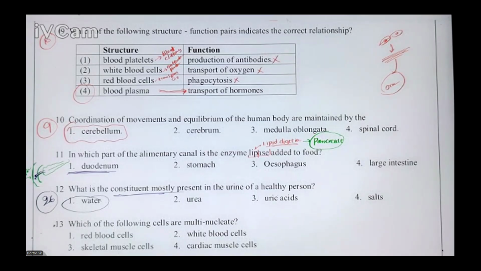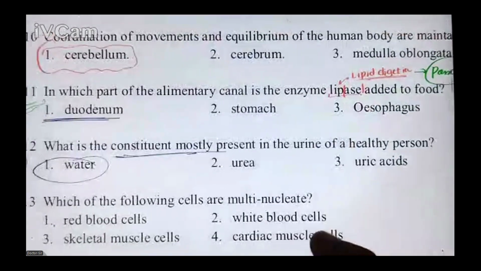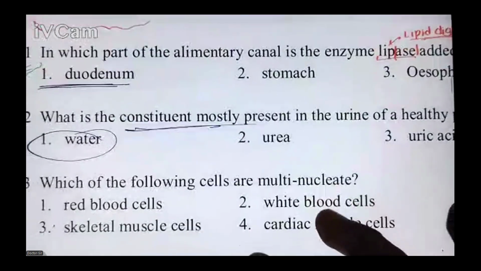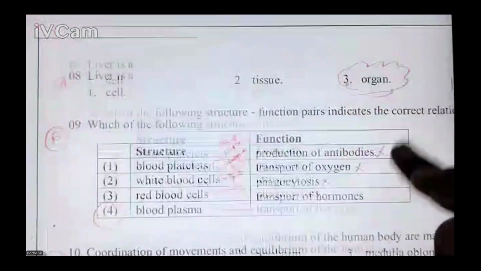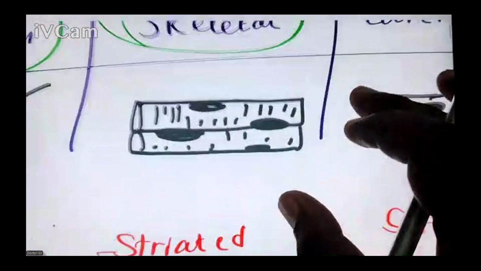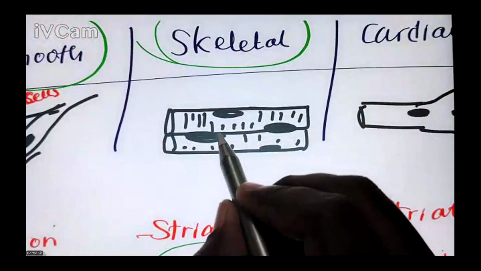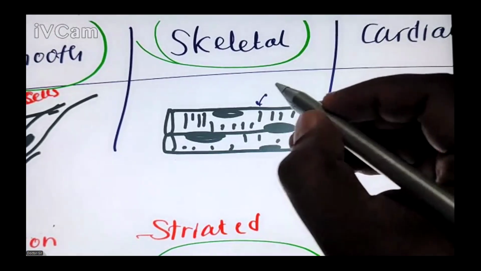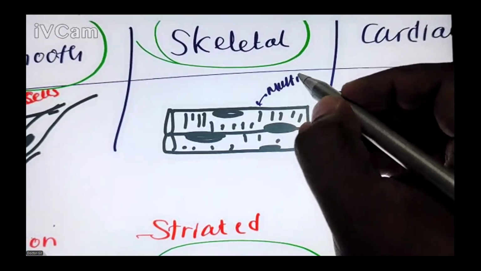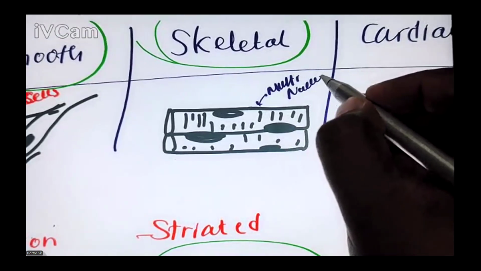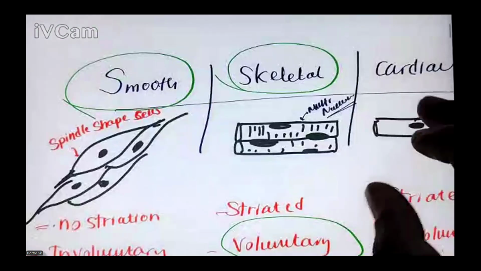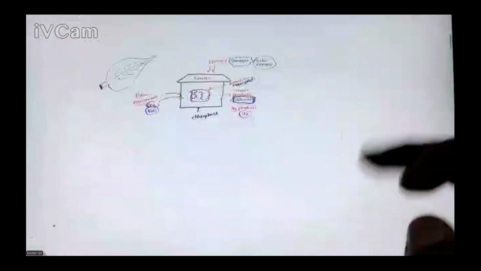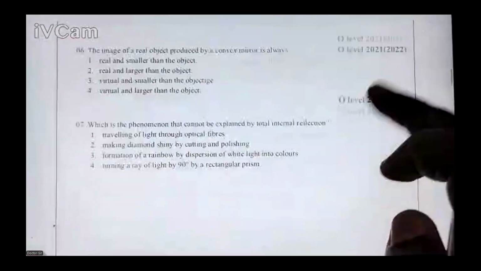Which of the following cells are multinucleated? I already told you, skeletal muscle tissues. I don't know where we discussed that, in the tissue lesson. Skeletal muscle tissues are not unicellular; they are multinucleate. That is something you should know.